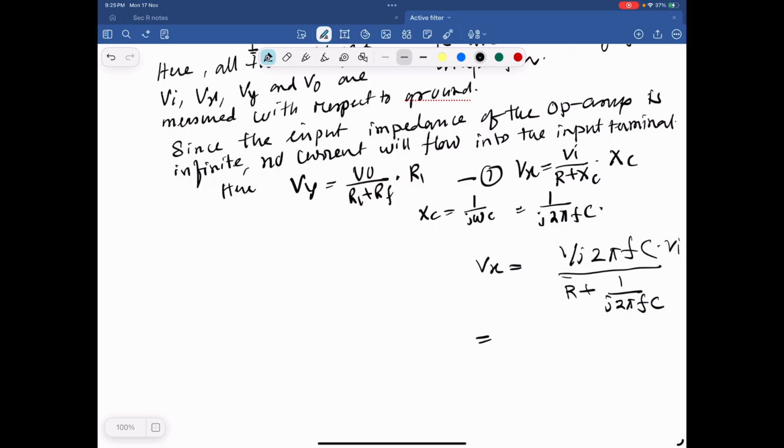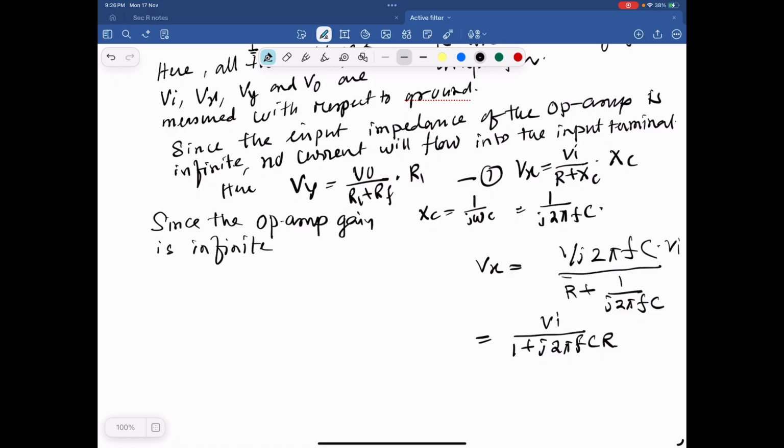This is equal to, this twice pi fC and this twice pi fC cancel each other, so at the numerator there will be Vi by 1 plus j twice pi fC into R. Since the op-amp gain is infinite, therefore Vx is equal to Vy.